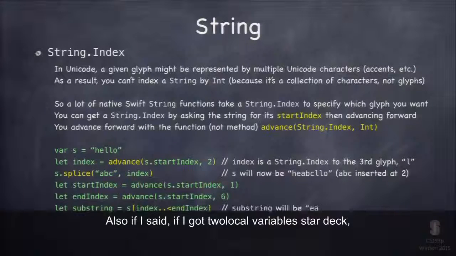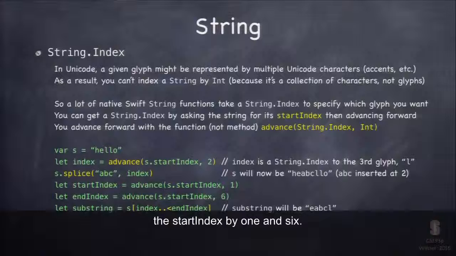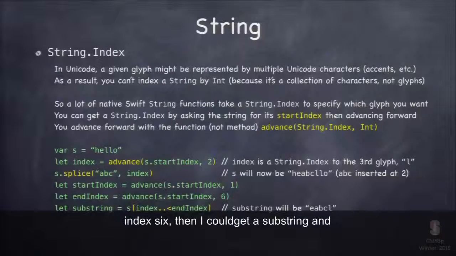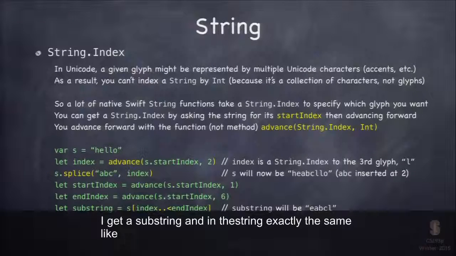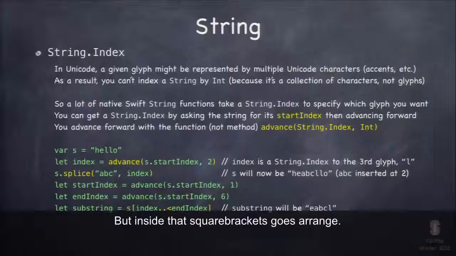Also, if I have 2 local variables, start index and end index, which I made by taking advance of the start index by 1 and 6, so I want to go from index 1 to index 6, then I could get a substring. I get a substring in a string exactly the same as in an array: square brackets, but inside the square brackets goes a range.